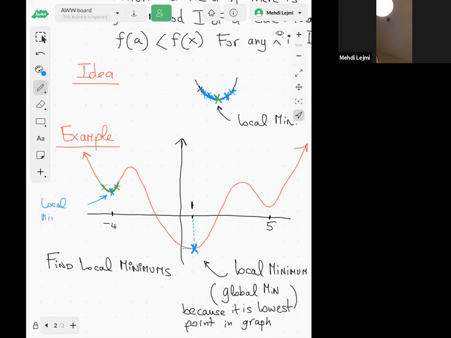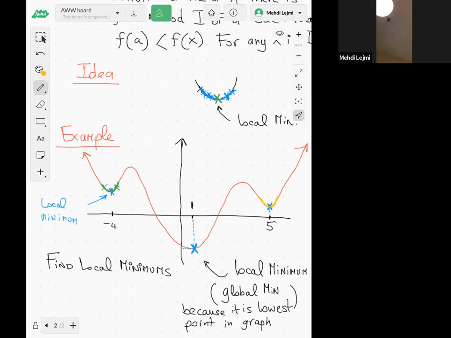So we have a local minimum at x equal to -4. And finally, there is another local minimum, as you can see, at +5, this point here. Again, the same story: if you take a small neighborhood around the blue point, then the blue point would be the lowest point in the yellow neighborhood.